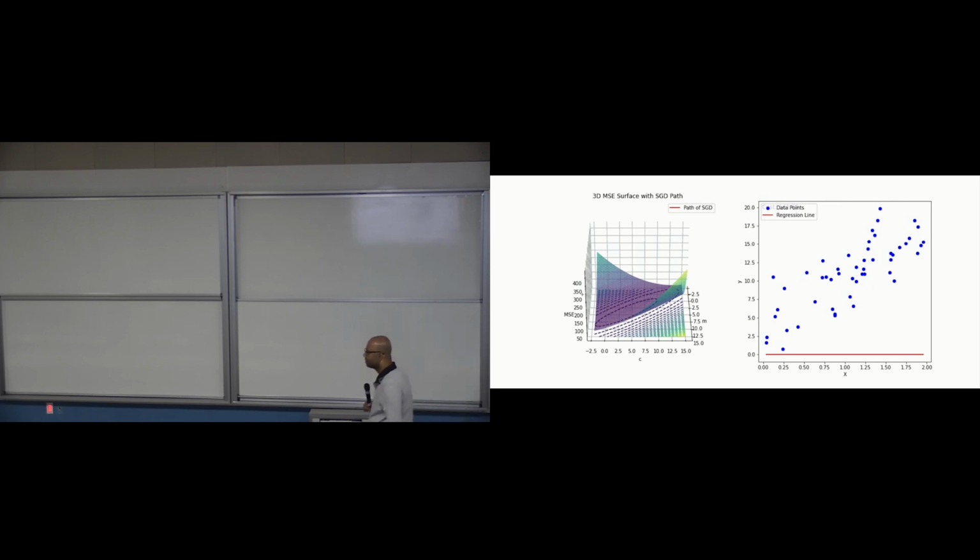The idea was, if you're given a bunch of data, which are the blue dots here on the picture, can you draw a line of best fit? It's a standard classical regression problem.